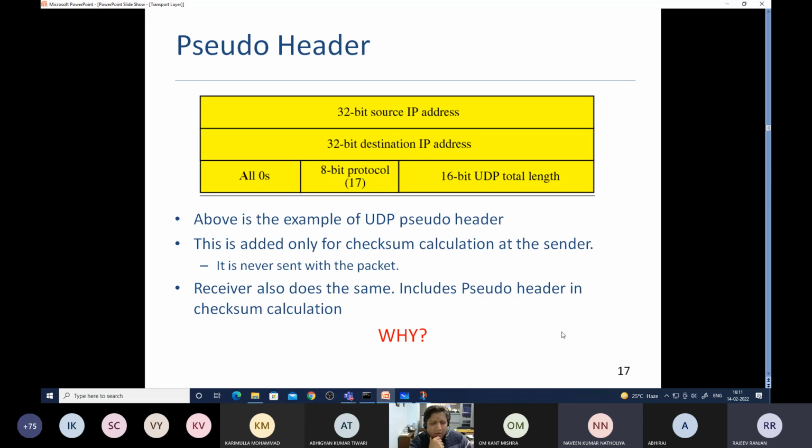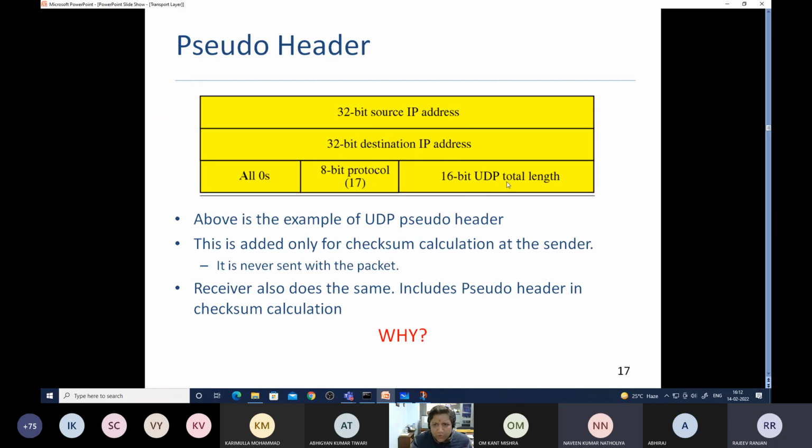We have a concept of the pseudo header. We include these fields when we are calculating the checksum. These fields are not sent with the packet, because these are fields which we have actually borrowed from the network layer.